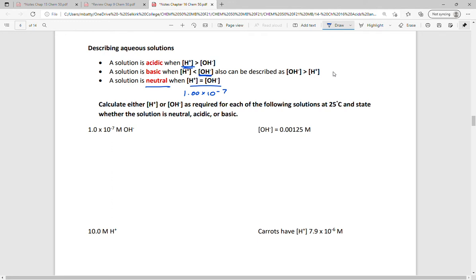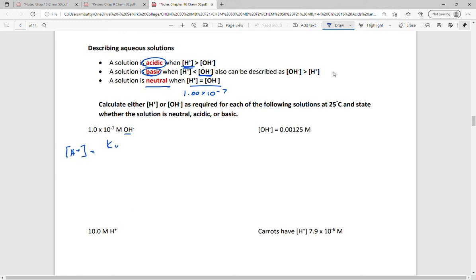And so in these ones, if we have an imbalance, that's what's making an acid or a base. And so we're going to use numerical analysis of these solutions to tell you if they are acid or base. So in these ones, we know one, we're looking for the other.